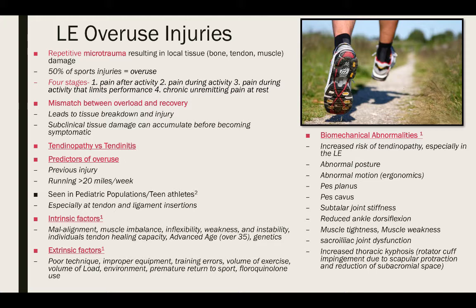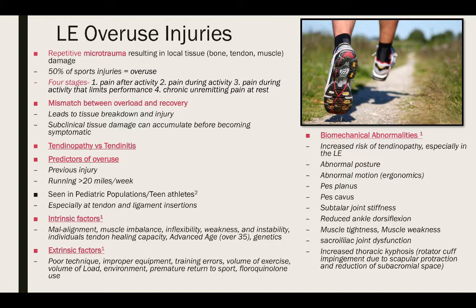If you've been injured before and you return too prematurely, you're more likely to have injuries. And even if you've been on antibiotics like fluoroquinolones, you're more likely to have tendinous issues or tendinous ruptures. So we think about biomechanical abnormalities that can lead to tendinopathy, especially in the lower extremity. And we go back to some of the lectures that you had last semester.